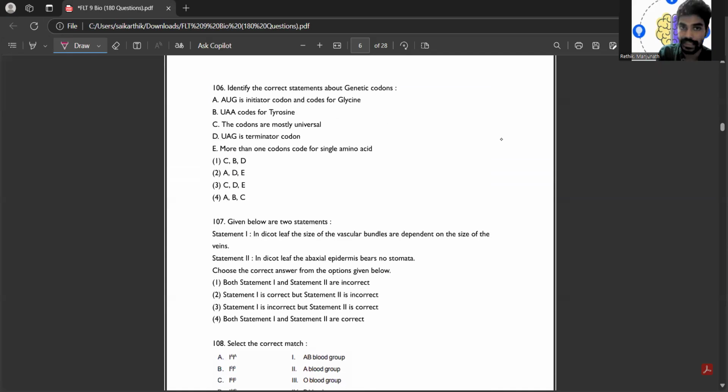So in 106, identify the correct statement about the genetic code here. Which is the correct statement here? The correct statement will be C, D, and E. Because AUG is the initiator codon and codes not for glycine, rather it codes for methionine.